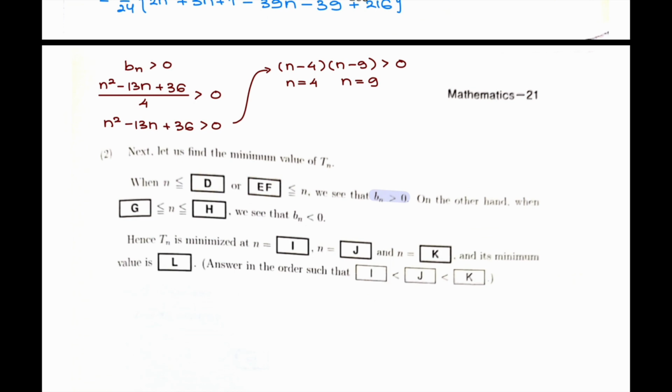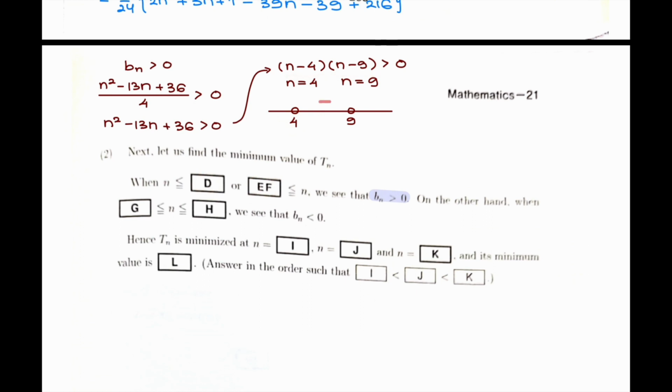I can put these critical values on a number line. The first one is 4. Don't forget 4 is an open interval because 4 is not inclusive. And also 9, 9 is also not inclusive. And then by checking the sign, if I substitute 5 into the expression, I will obtain the sign in between 4 and 9 is negative.